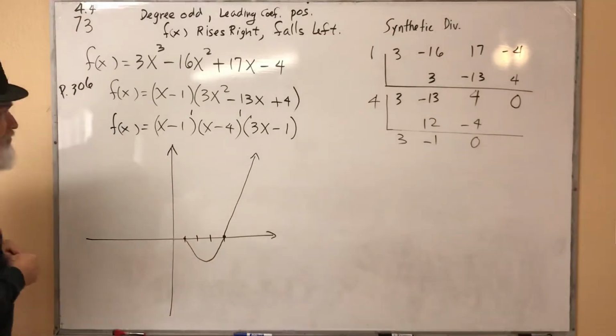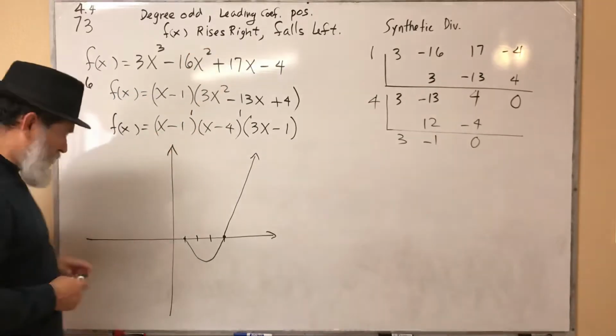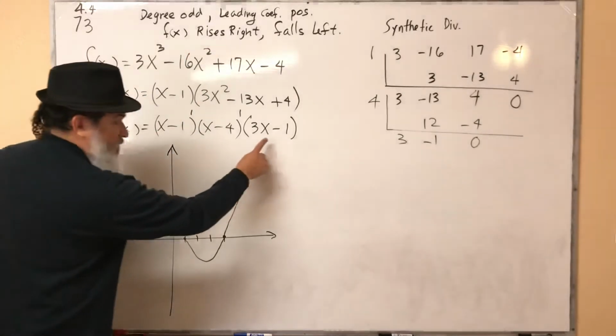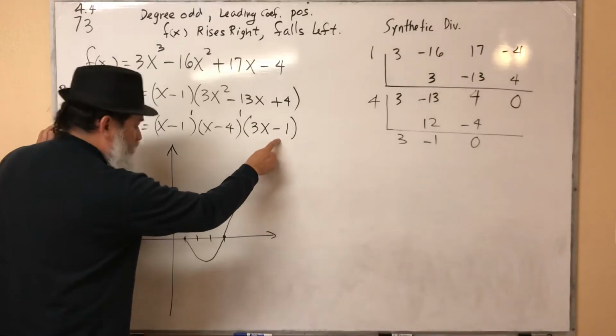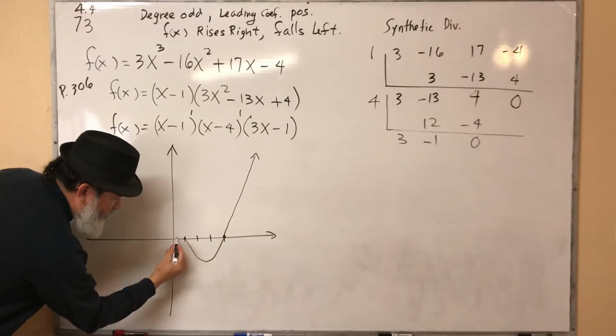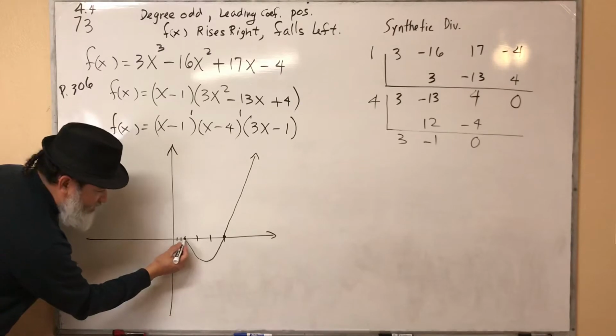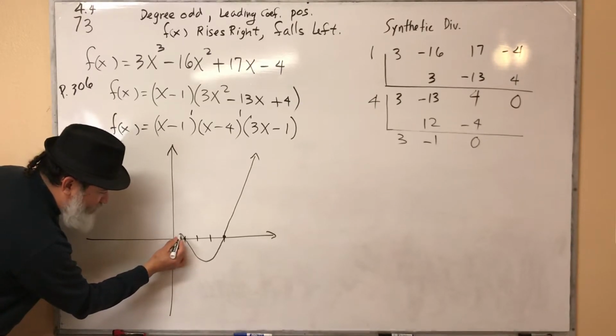It's got to behave like this. And so now, what's the other one? 1/3. So this is 1/3, 2/3, and 1. So this function has to go up, and somehow it's going to have to come down and pass through 1/3.